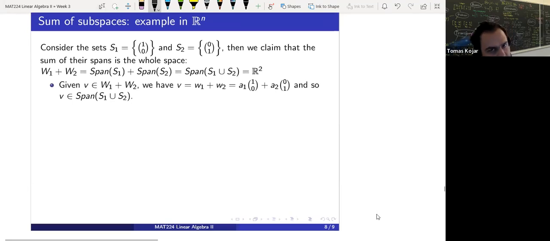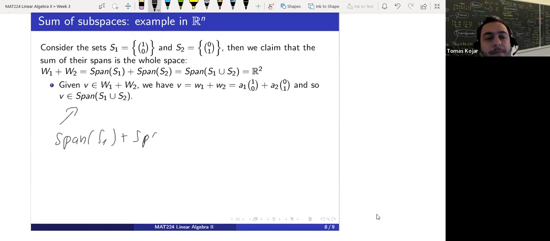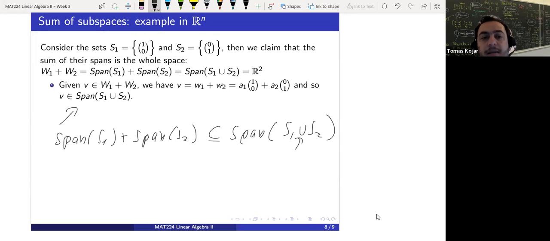Okay, so here I'm showing that span of S1 plus span of S2 is inside span of S1 union S2, namely the union of (1, 0), (0, 1).